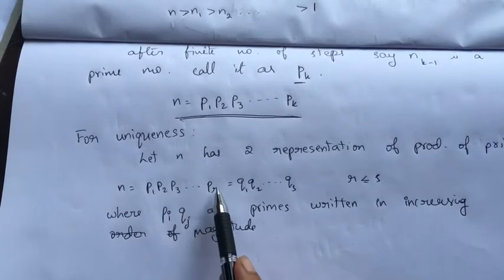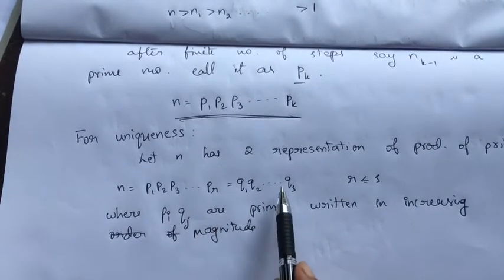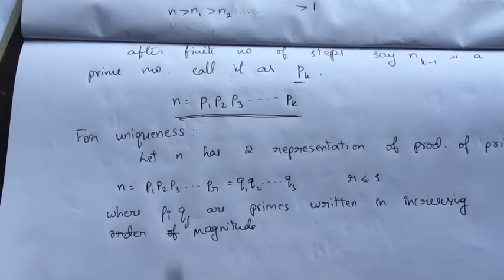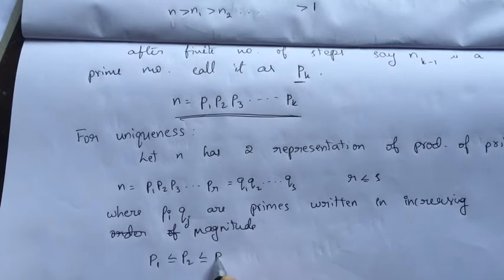Here pi's and qj's are primes, and they are written in increasing magnitude. It means p1 is less than or equal to p2, less than or equal to p3, like that, less than or equal to pr, and similarly q1 less than or equal to q2, and so on, less than or equal to qs.